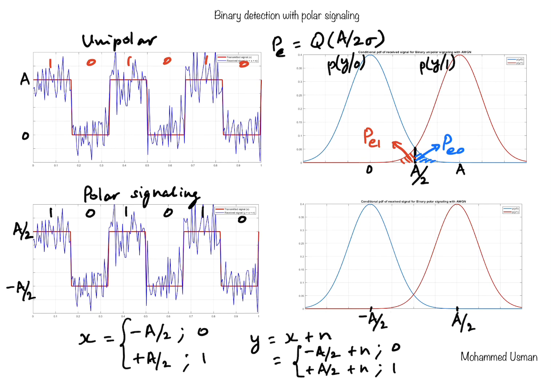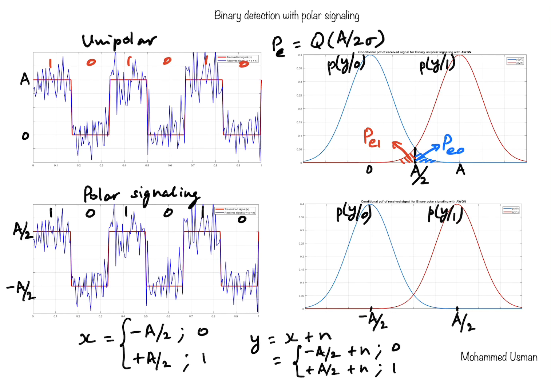As the label shows, the blue one is for the conditional PDF of the received signal y when 0 is transmitted, and the red PDF corresponds to when a bit 1 is transmitted. So we have P of y given 0, and P of y given 1.